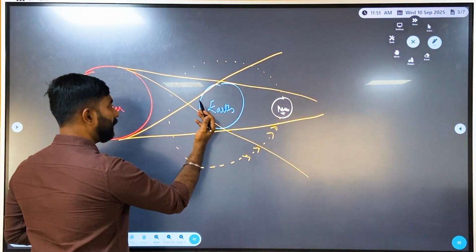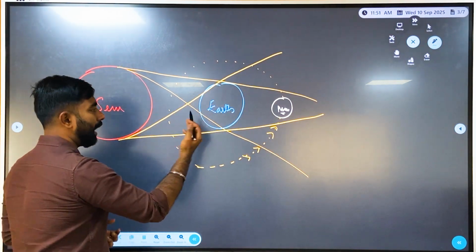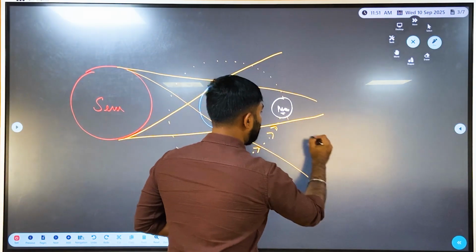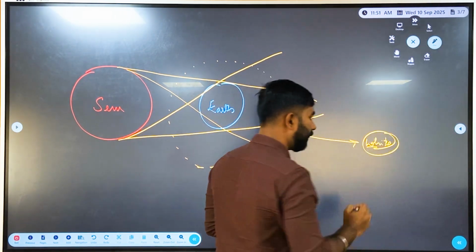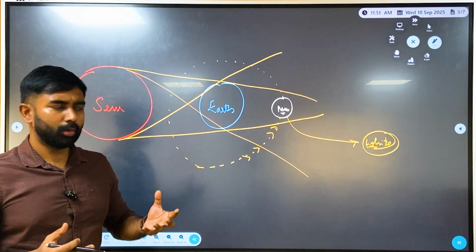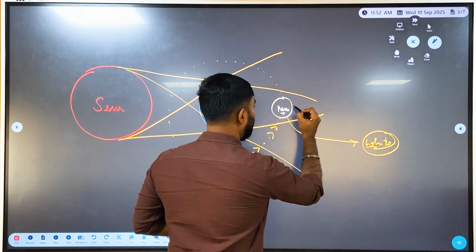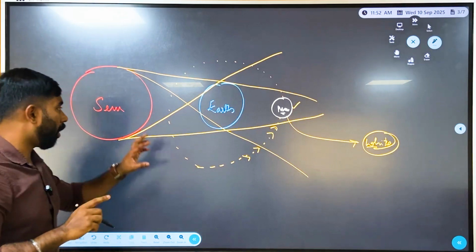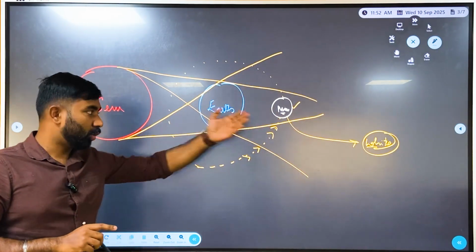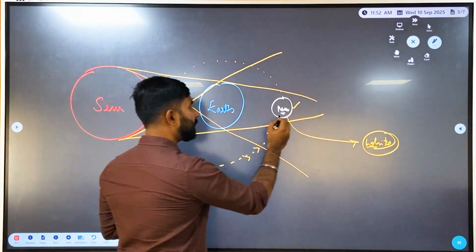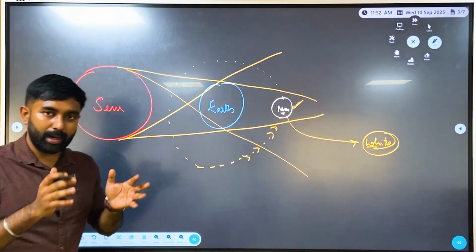Because the earth is completely coming in between, and even before that, why does the moon appear white? Is the moon white in color? No, it is the light reflected by the moon from the sun. It is the reflection of the sun's light on the moon to our eyes which makes us feel that the moon is white in color.